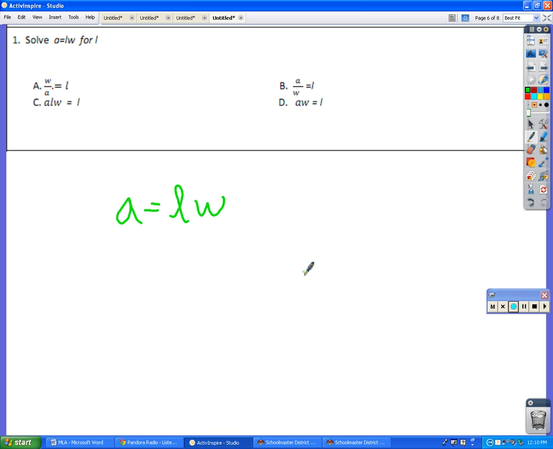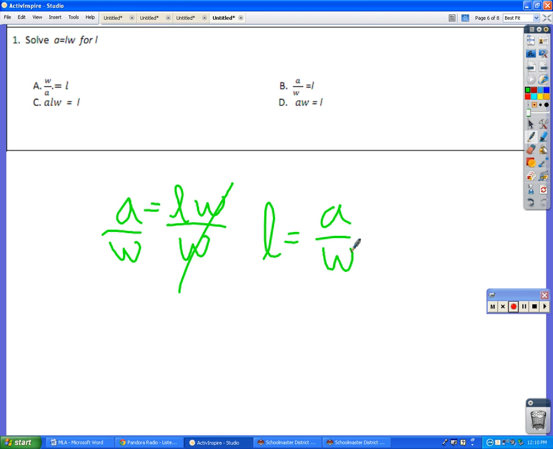What is the W doing to the L? Timesing. So to get rid of it, I need to do the opposite, which is divide. So I divide both sides by W. The W's cancel. L equals A over W, which is B.